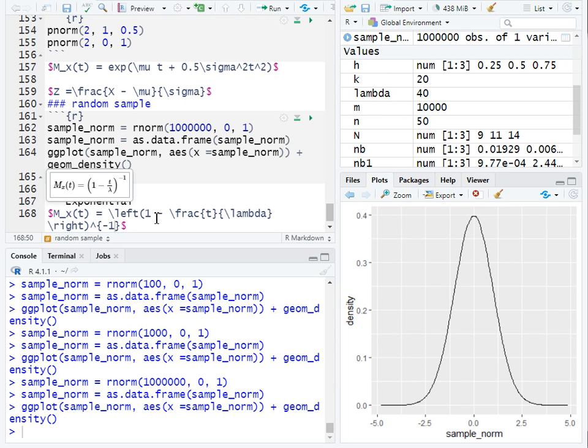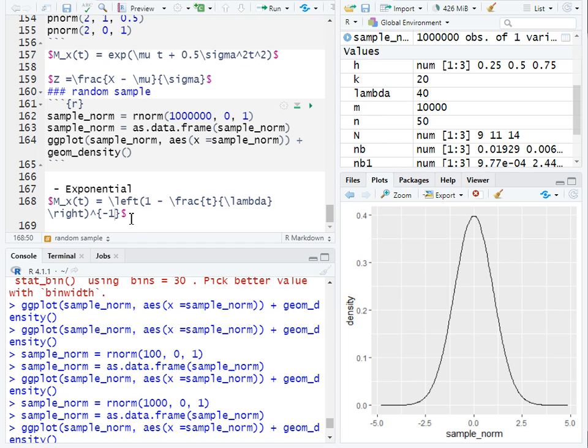From this equation we can find that the expected value of x is 1 over lambda, and the variance of x is 1 over lambda squared. Note that the mean and the standard deviation are equal. The third and fourth central moments and the coefficients of skewness and kurtosis we also considered in the further example.